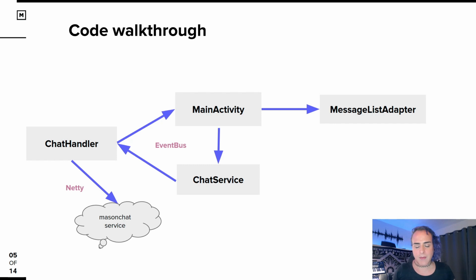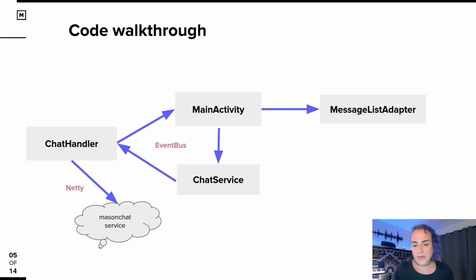Now, if you've worked with Netty before, you know that it has a number of event loop implementations. One is an NIO event loop, one is ePoll, one is KQ. It depends on the architecture that you're using. Now, we are going to be using ePoll. Netty is an asynchronous framework, and it's meant to run in a single thread.